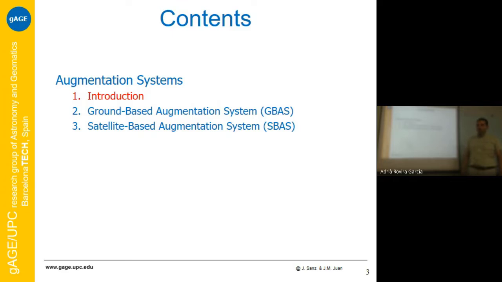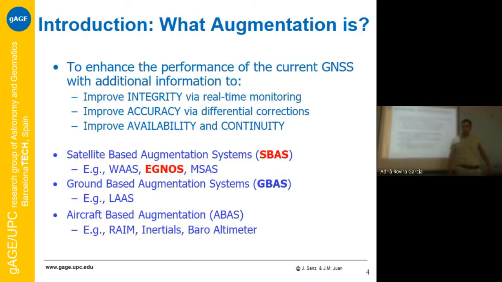Then we will talk about the two ways of augmenting the system: ground-based augmentation system and satellite-based augmentation system. So, what is augmentation? In this slide, we can have the main ideas. The signals that are used nowadays in our GPS are not enough for certain users.